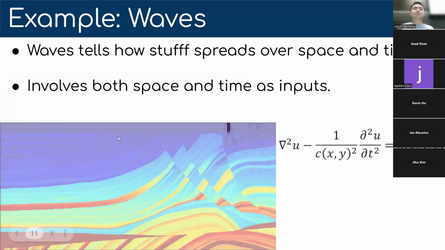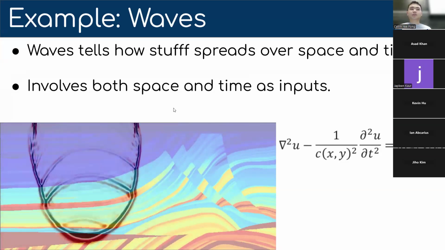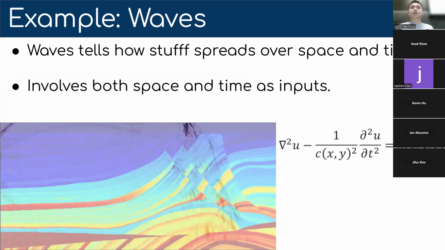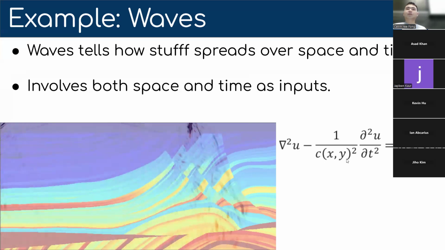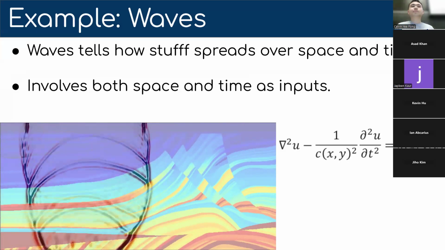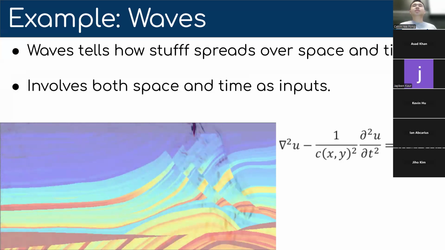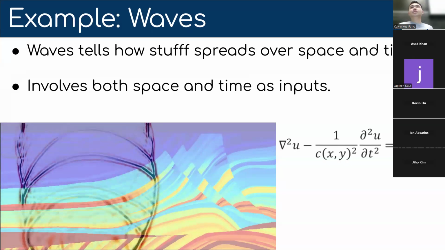Here we see a seismic wave from an earthquake being released through the surface of the earth, through different kinds of material interfaces in the rock, where the colors represent different kinds of rocks. And we can use this wave equation to model the strength of the wave as it goes through the earth. So those are just two common kinds of equations that we're going to be considering for the lecture today. Any questions?